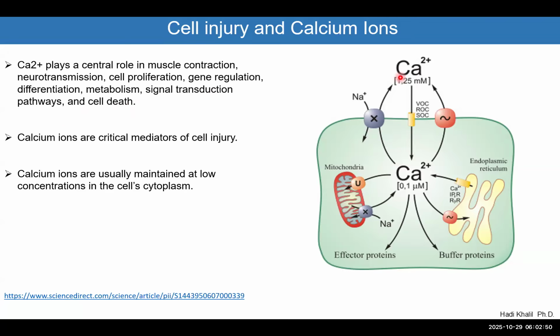So whenever calcium enters the cell, it is chelated or absorbed and stored within mitochondria, within the endoplasmic reticulum, and within effector proteins or buffers. So it's chelated within those three different components.